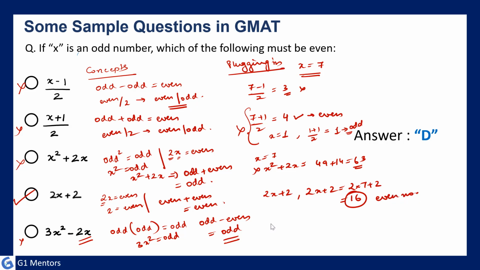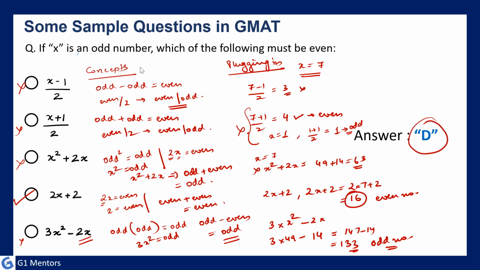Now let's see the fifth choice, 3 into x square minus 2x: 3 into 49 minus 14, 147 minus 14 is equal to 133, which is again an odd number. So the answer choice to this question is D. So you can follow concepts also, you can follow plugging in also.